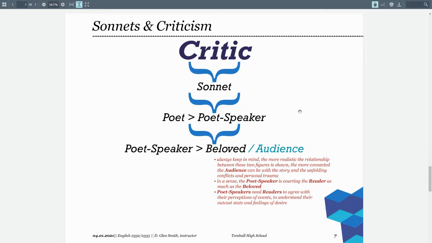So in that sense, the poet speakers symbolically, because of the poet's creation, keep that in mind, the poet speaker needs a reader. So that makes the poet speaker more realistic, which makes the poet's message stronger. Okay? So there's this ongoing relationship between these components, the poet, the reader, the characters.